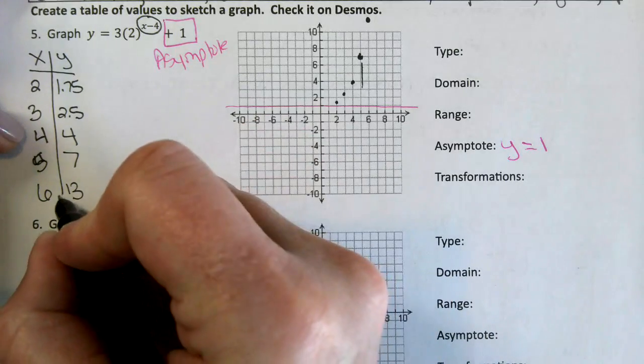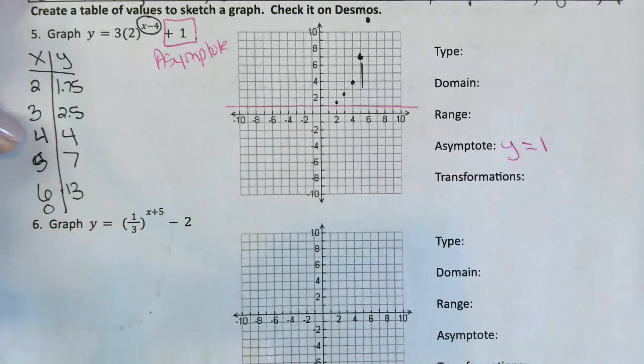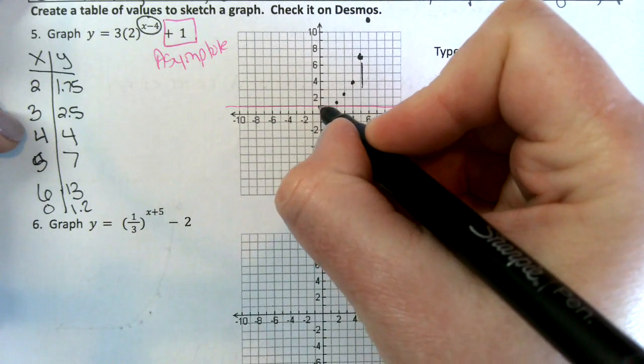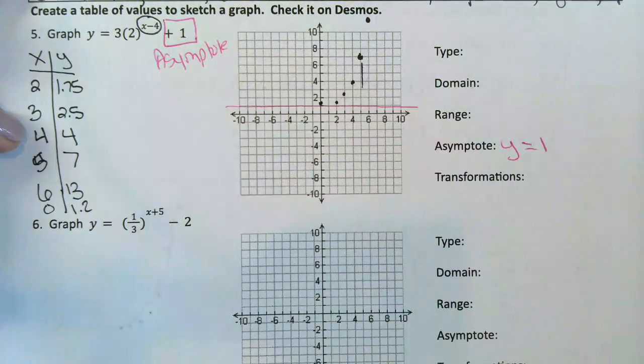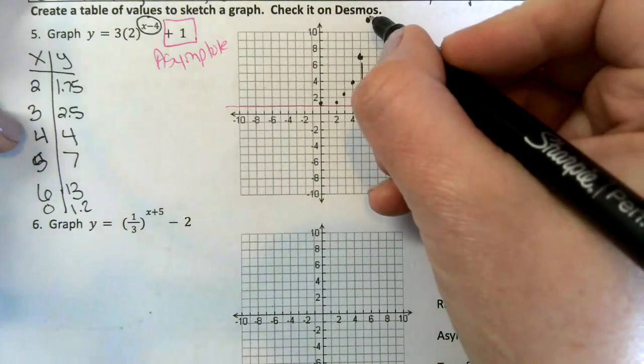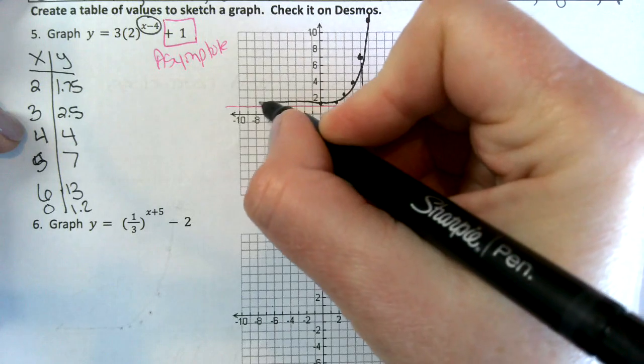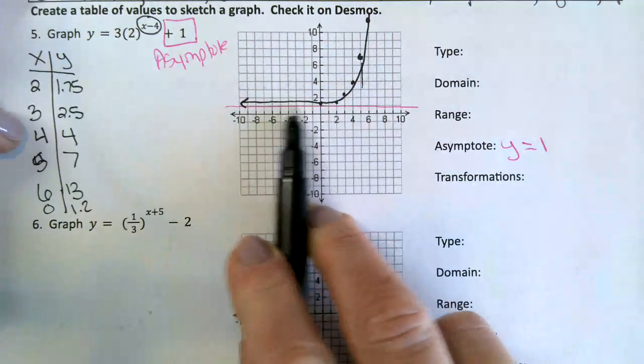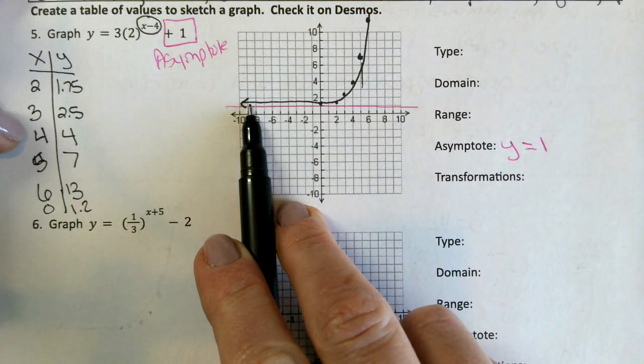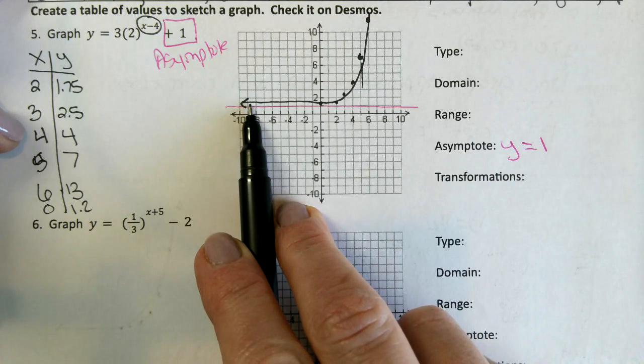So if you wanted to, like I ended up plugging 0 into my calculator when I did my notes earlier, and I got 1.2. So at 0, I'm at 1.2. So I'm just above that line. And so my graph is going to curve and then just kind of go hug that line and go right next to it. And it's going to get really flat and it will never, ever cross it.